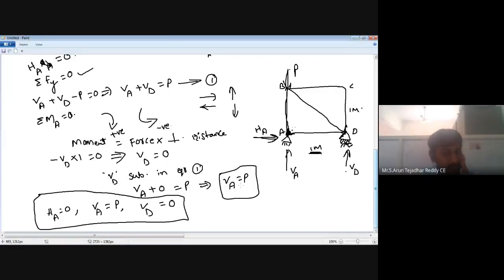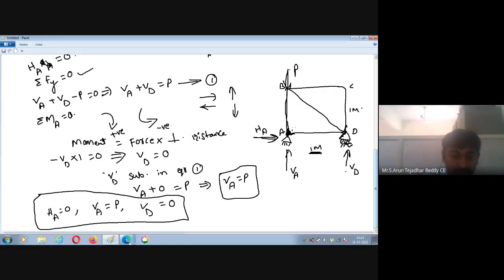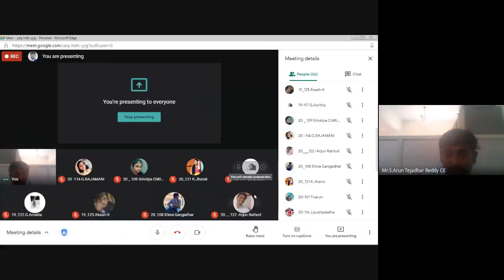See, so many students are confused about how to take the moment, whether it is clockwise or anti-clockwise direction. Can all of you see my face? Yes, sir. See how to take the moment. These two fingers are very important.